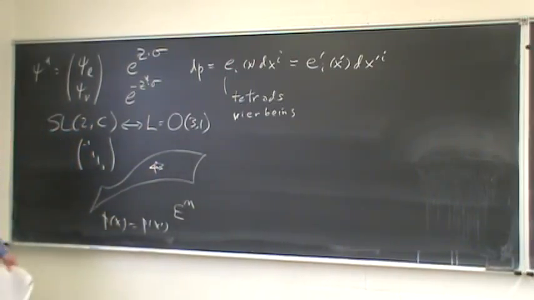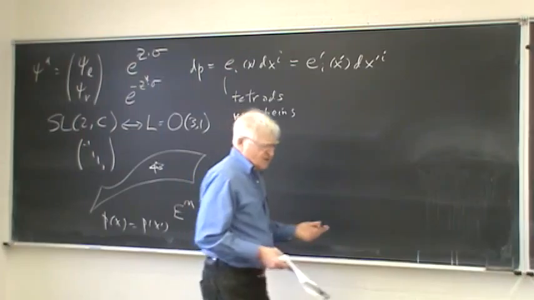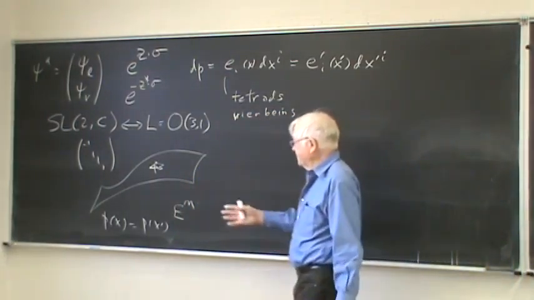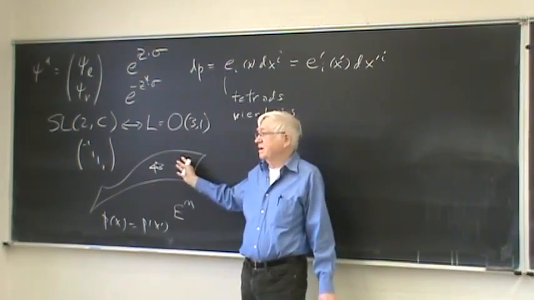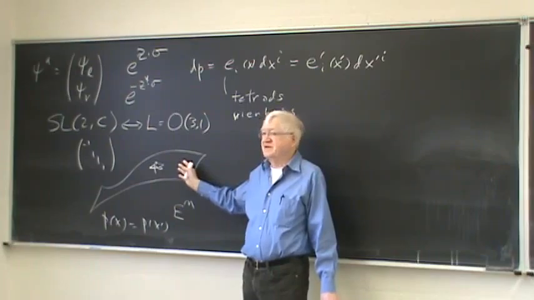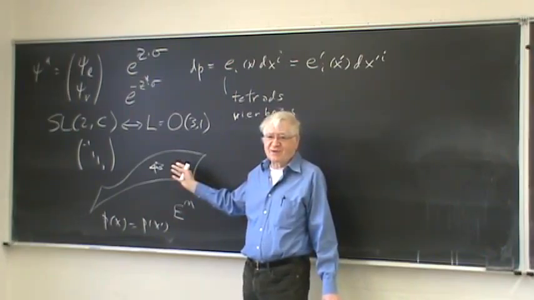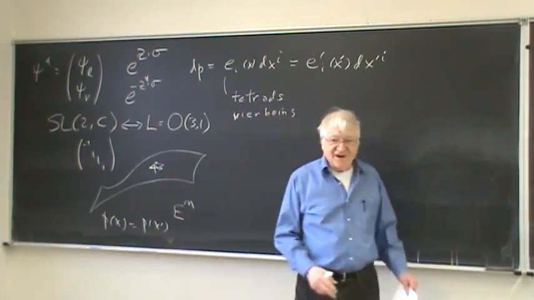And in general, no matter what the manifold is and how many dimensions, well, they're not necessarily tetrads. If we have a space-time of more than four dimensions, the term that some people use is Vielbein, where Viel is German for many, so many bein. I'll have to come up with a Greek equivalent.